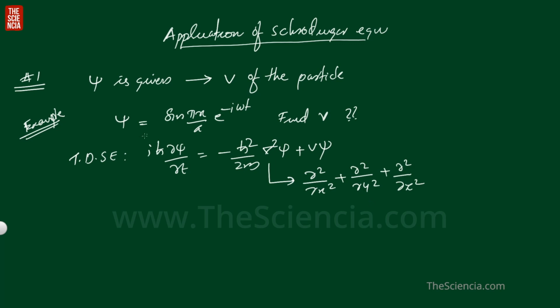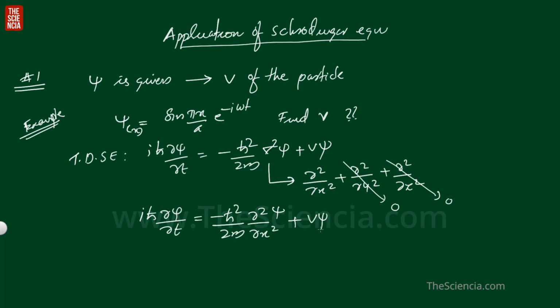Here the given wave function is a function of x only. So when we are solving for dou square by dou y square and dou square by dou z square, we get value equal to 0. So the Schrodinger equation reduces to iħ dou psi by dou t equal to minus ħ square by 2m dou square by dou x square of psi plus V psi.